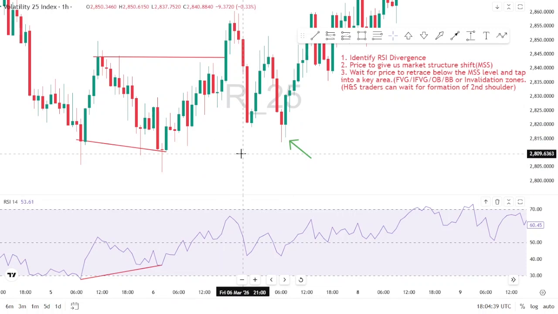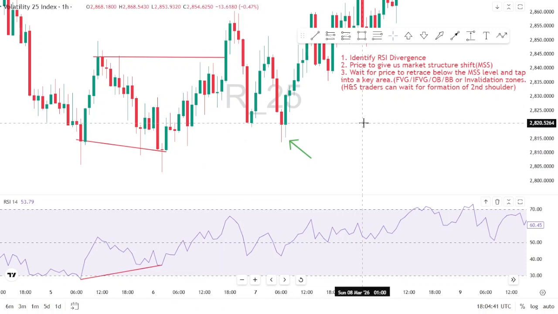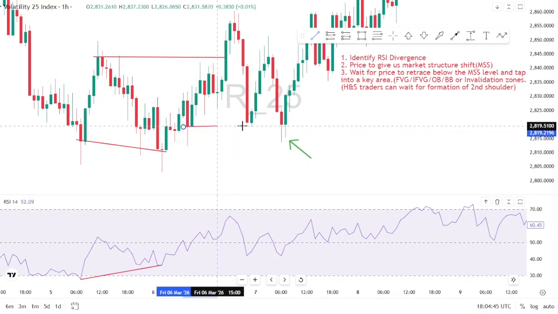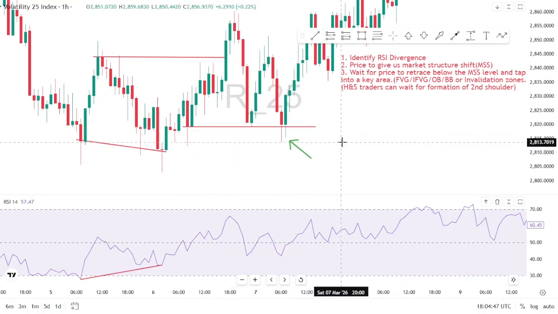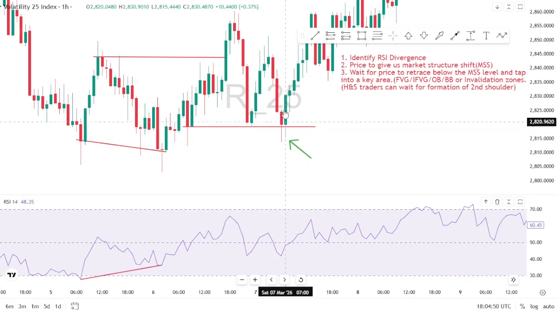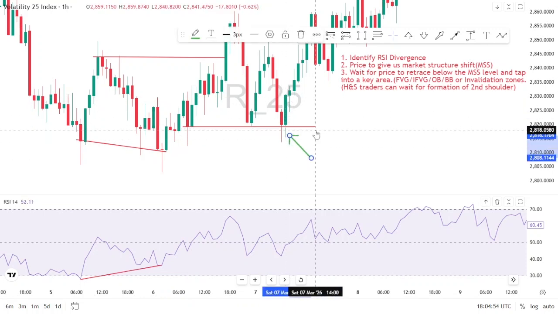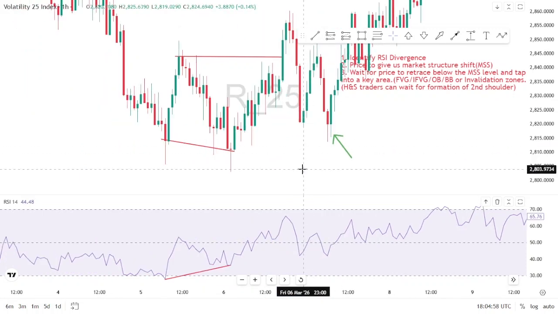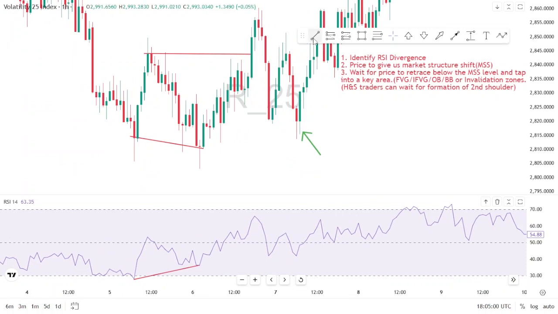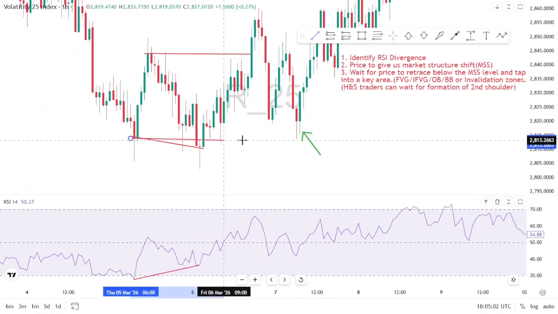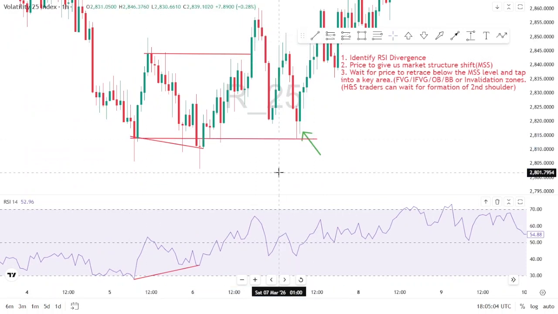Now for Malaysian support and resistance traders, this is a rejection block. So price taps into that rejection block with an engulfing candle to give us an idea that price is going to go higher. Advanced price action traders, you have an invalidation level here, right?